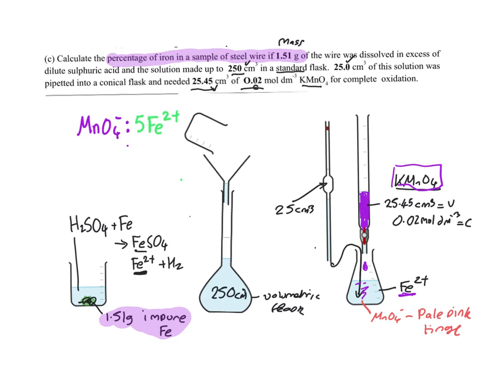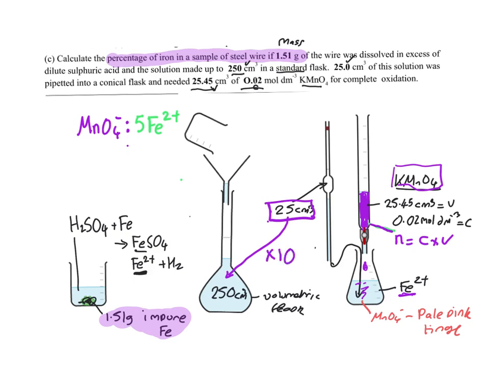So now, if we know the amount of manganate in our flask, because we know its concentration and volume, so we now know that the amount is the concentration times volume, we know the amount in 25 centimetres cubed, and therefore we can scale it up to 250 centimetres cubed because there are 10 times as many moles.